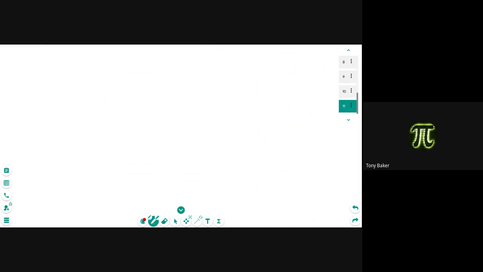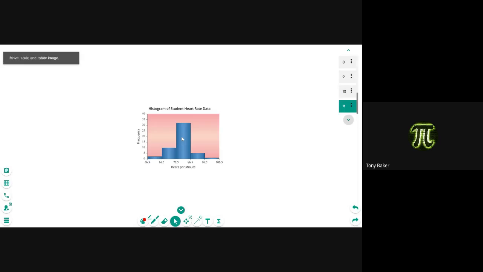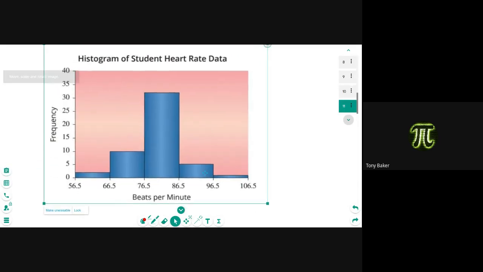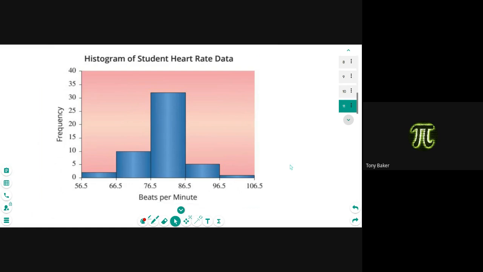So let's see, I have it here. What type of graph is this? Okay. Almost. Yes. I look like I'm cheating. Yes, it does say histogram above it. But a histogram and a bar graph are very, very similar.